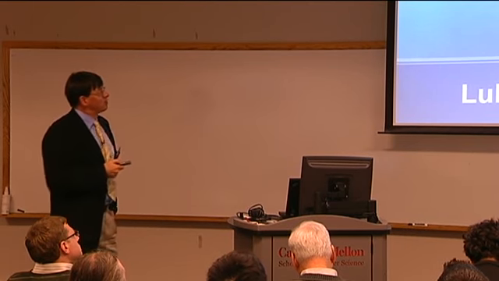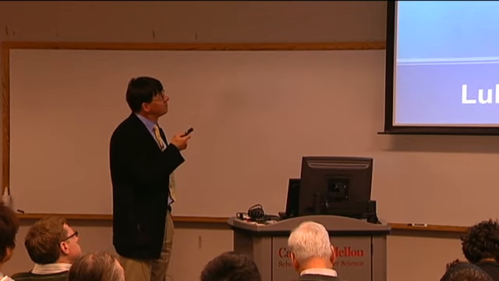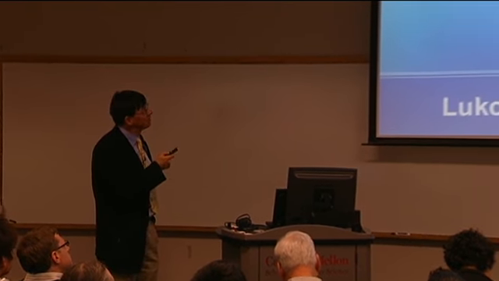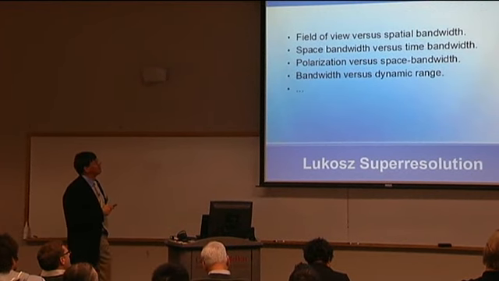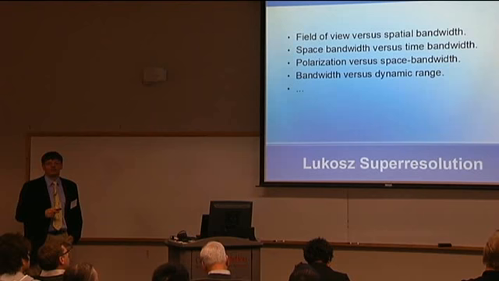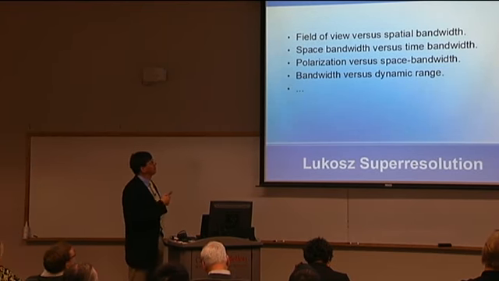This usually requires a trade-off. So we can reduce the field of view and increase the spatial bandwidth, or the space bandwidth versus the time bandwidth. And I will mention a few examples a little later.